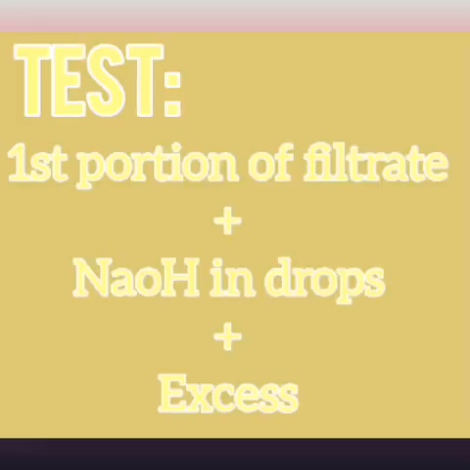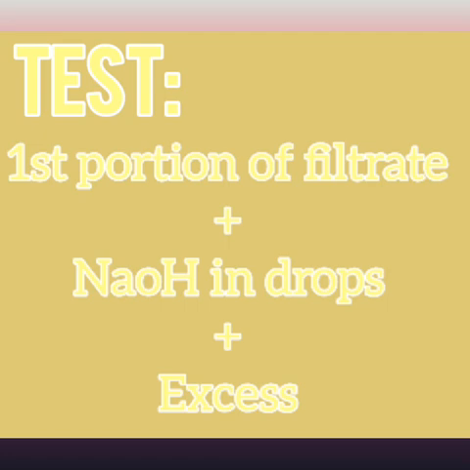Let's go. Now for our next test, the first portion of the filtrate, your colorless filtrate. Don't forget that the filtrate we're talking about is zinc chloride. Now the first portion of your filtrate plus sodium hydroxide in drops, then in excess.